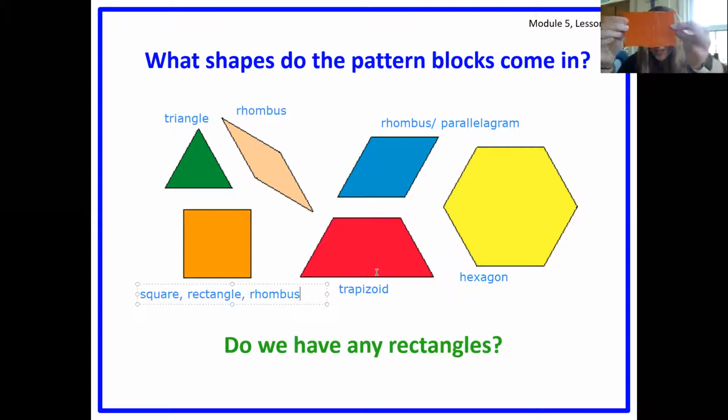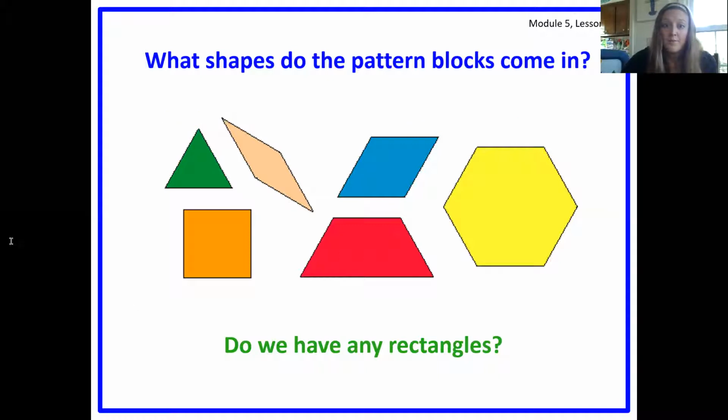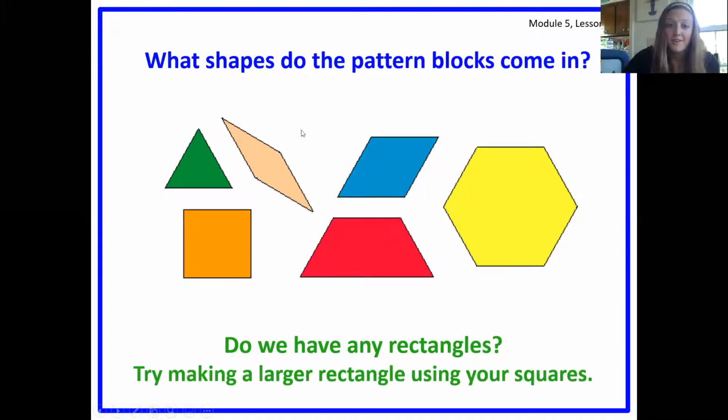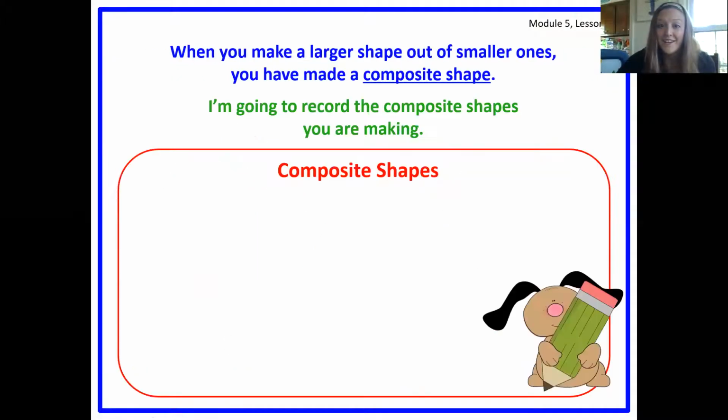So we can create these and we can make composite shapes from these 6 shapes that we already have, okay? We made a larger rectangle using our squares.